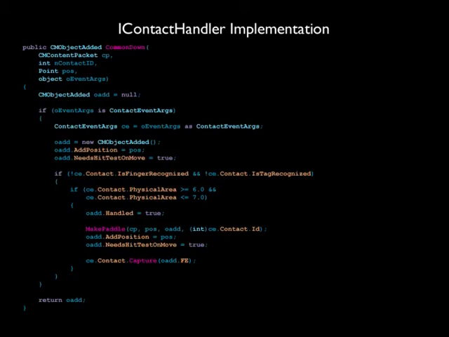The method then checks the ContactEventArgs to make sure that the contact is not a finger or a tag. Then it checks the contact's physical area property to ensure that it's the right size to be a paddle. If it is, then it passes the rest of the paddle creation on to a method called makePaddle, which we will look at next, and calls the ContactCapture method, passing it the physics object's framework element created in the makePaddle method.